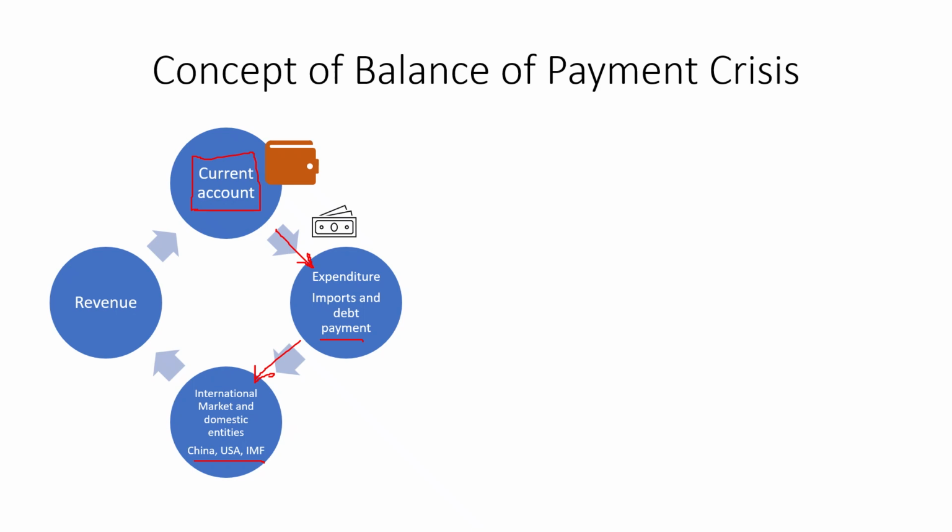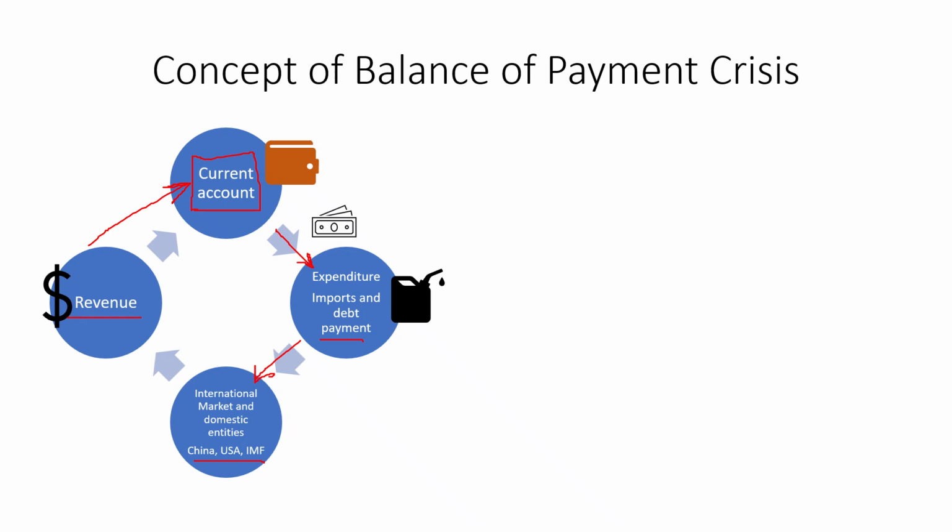So all the expenditures come from this current account, and all the revenues, all the profit that a country earns, also go to this account. So this is the concept of current account. Current account is like a wallet of a country. All the expenditures come from this account and all the revenues go to this account.